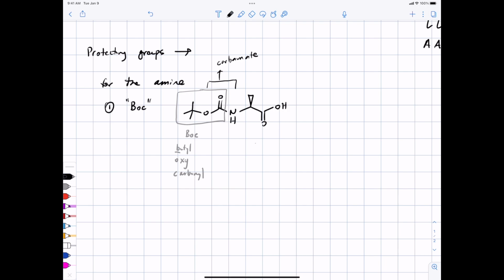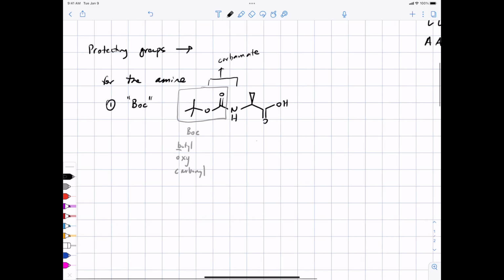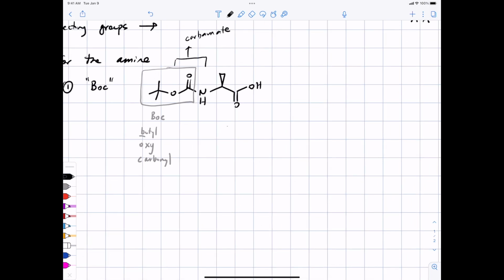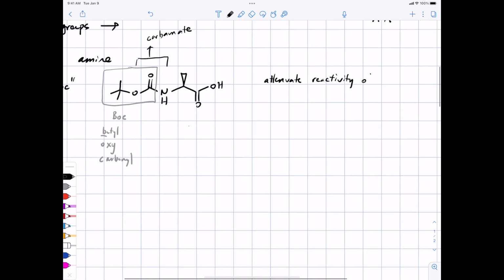And carbamates are very common in protecting groups. Let's talk about why. So the three things you need for a protecting group is it needs to attenuate the reactivity of the offending functional group.